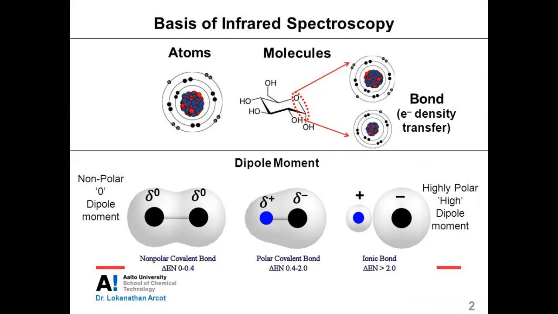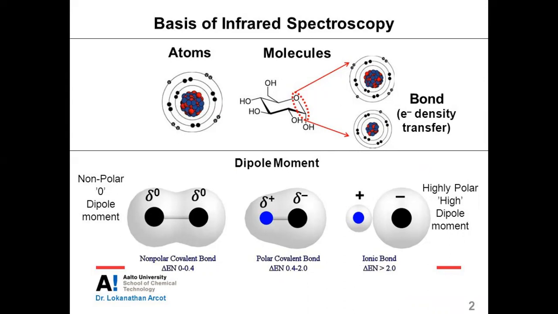In the middle diagram, the dipole moment is present and the electronegativity difference is 0.4 to 2.0, and one atom is partially positively charged and the other is partially negatively charged.